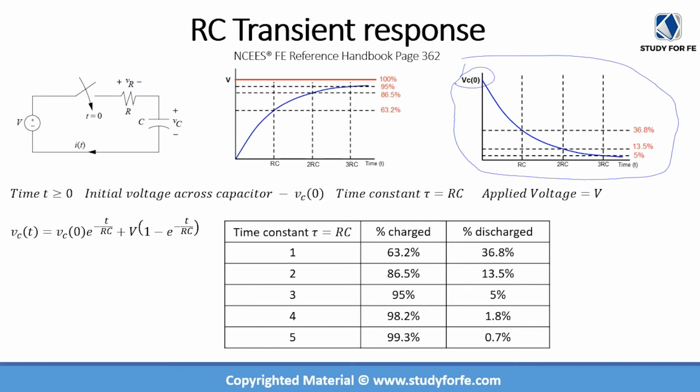This VC0 can be anything. It can be equal to or very close to the applied voltage, or any starting voltage. After 1 time constant, your voltage has dropped to 36.8% of the initial voltage. After 2 time constants, it is just 13.5%. After 3 time constants, it is just 5% of the initial voltage. So this is how the capacitor would discharge.